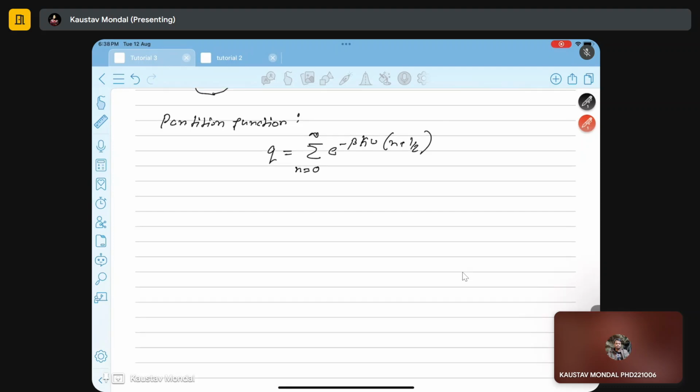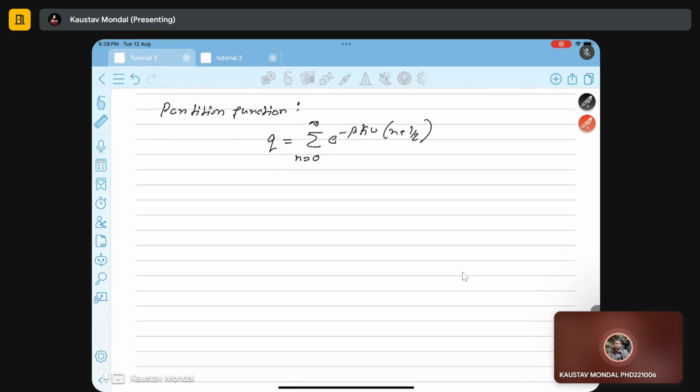For the sake of calculation, we can take e to the power beta h-bar omega by 2 outside the summation. So q equals e to the power beta h-bar omega by 2 times the summation over n from 0 to infinity of e to the power beta h-bar omega n.